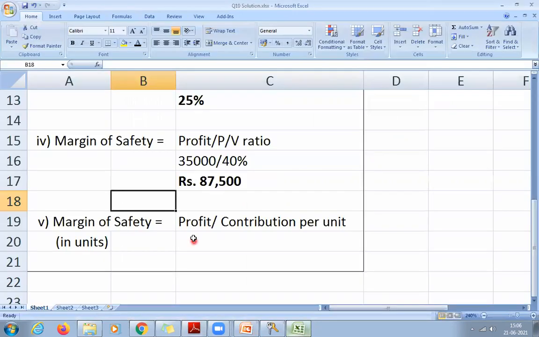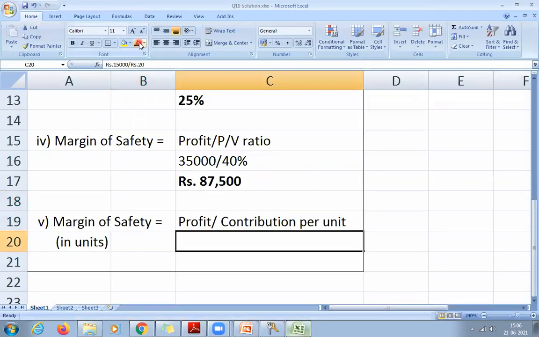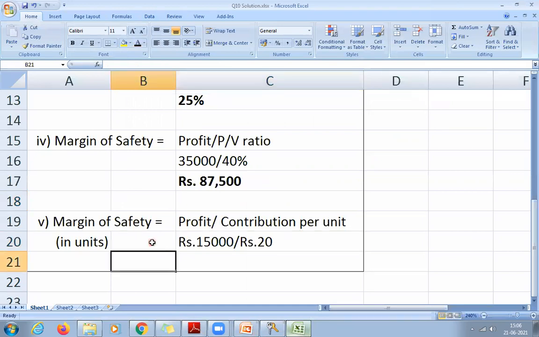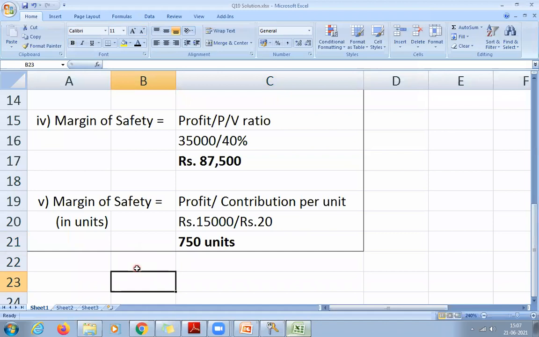So 15,000 divided by 20. How much? 750 units. This is how you calculate margin of safety. I have shown you all the formulas, all the ways of calculating the margin of safety.